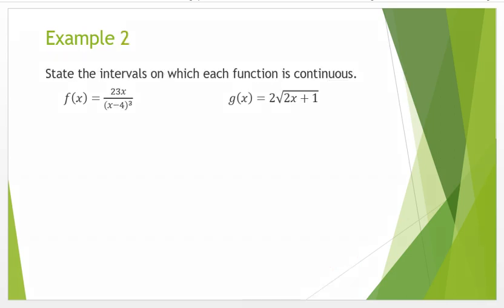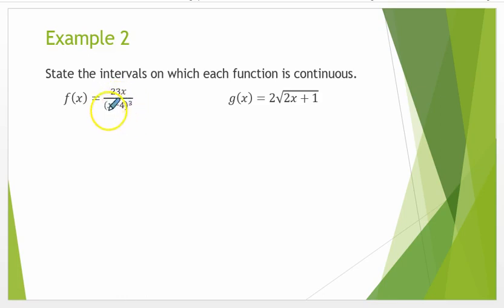Here are some other questions I could give you based on what you've already seen from the rules for continuity. This one wants us to state where the function is continuous. So basically you want to think about what x values you're allowed to have, or what is the domain you're allowed to have. In this first function, f of x, the only x value that causes a problem is when x equals 4.